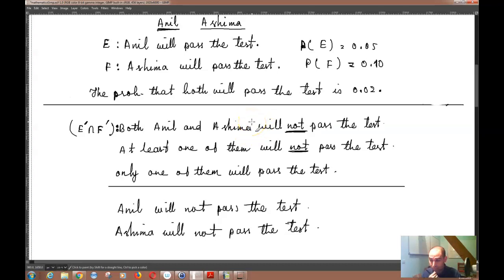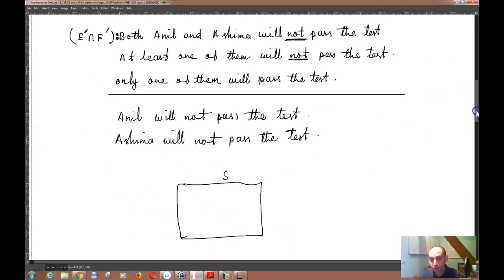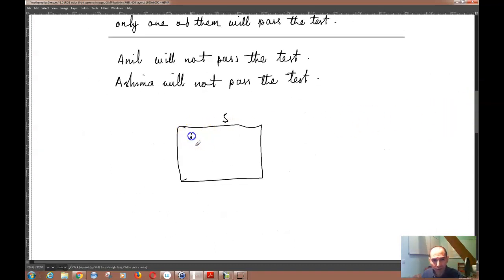since I have to find some way to think about this, I can make an assumption that the sample space of this experiment is, for example, something like 1, 2, 25, 75, and 55, 75, and these ordered pairs, let's suppose that the first number is related to Anil and the second number is related to Ashima, right?